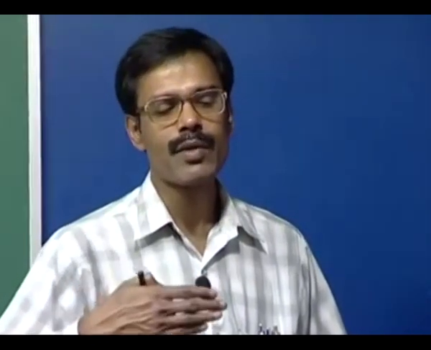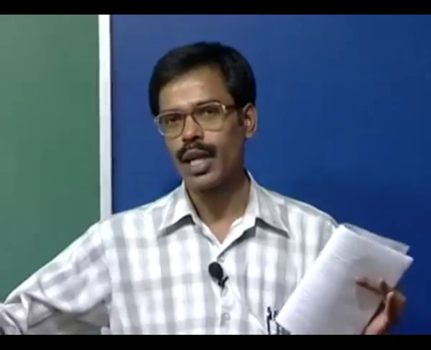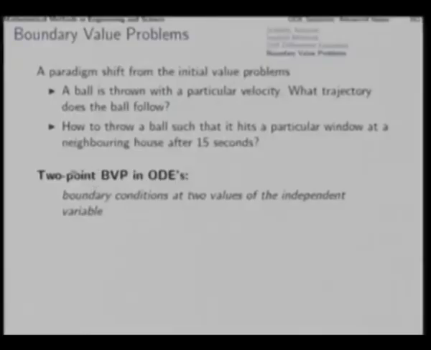For example, we could have given some position at one time instant, some other positions at another time instant, some velocity values at another time instant, that is also possible. So, a specific kind of problems involves 2 points, typically at the 2 endpoints of the domain. So, that constitutes boundary of the domain, and that is why it is a boundary value problem. But in general, boundary value problems could have conditions given at various points, but we will consider here this class of problems called 2-point boundary value problems.